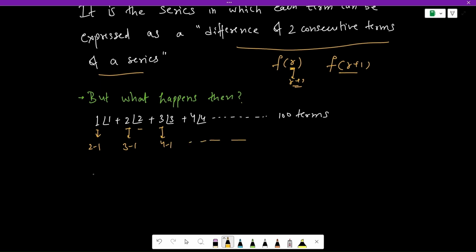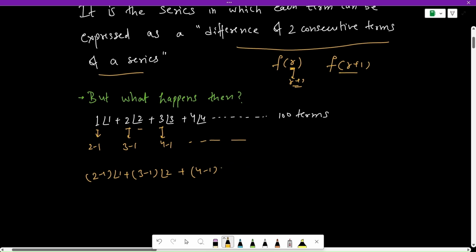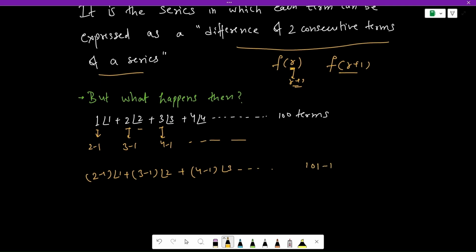Then this series becomes (2 minus 1) into factorial 1 plus (3 minus 1) into factorial 2 plus (4 minus 1) into factorial 3 and so on. The last term will be (101 minus 1) into factorial 100.